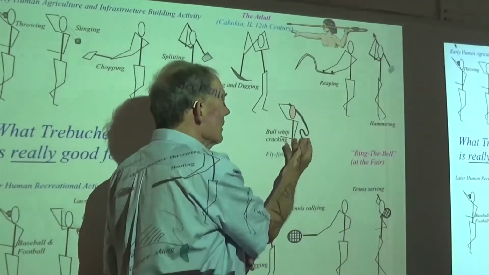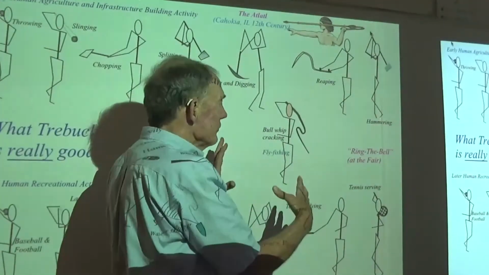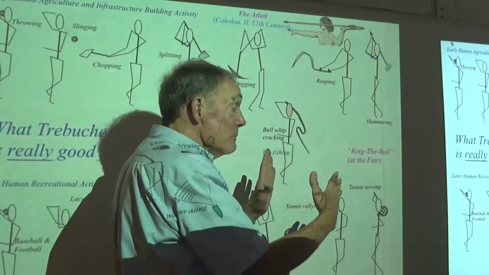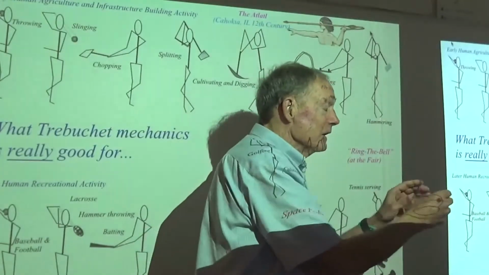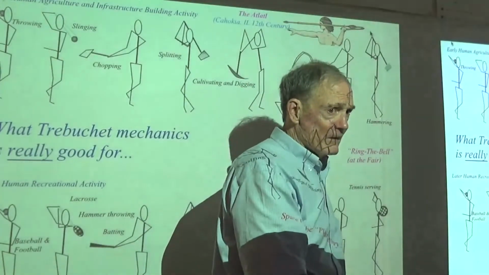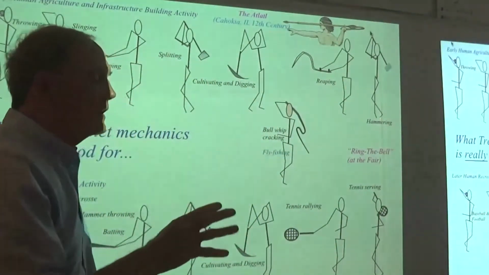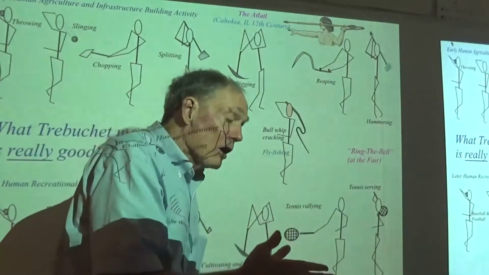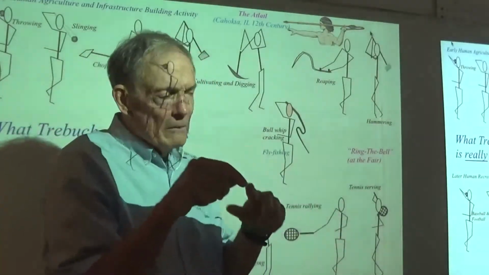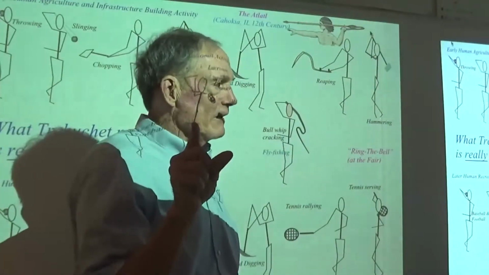In other words, the bullwhip, which starts thick and gets thin, is making a wave that remains localized all the way to the end, at which point the speed goes supersonic. So what I thought was, what would it take to make it a 3-arm, 4-arm, or whatever trebuchet, and what geometry would I put it at so that when I let it go, it snapped.